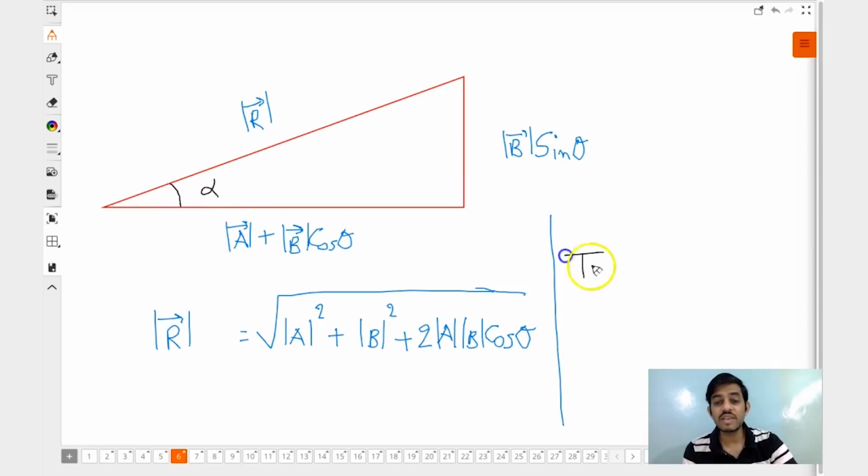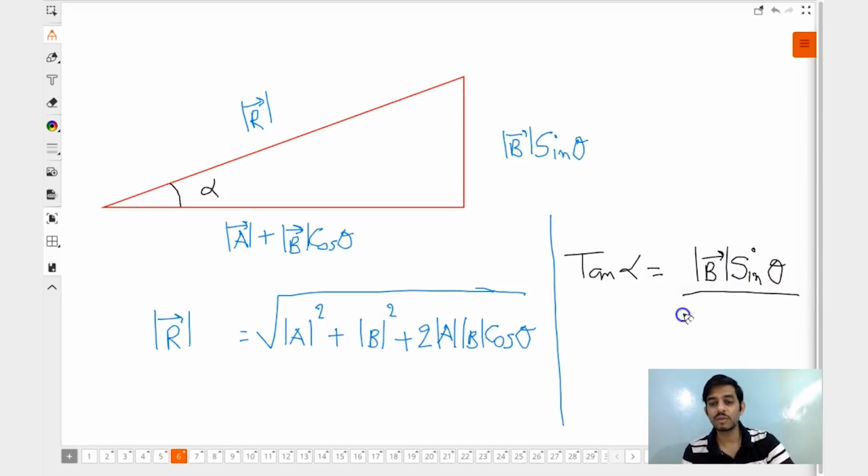It's very easy now. Tan alpha will simply be equals to perpendicular upon the entire base, means mod B sin theta upon mod A plus mod B cos theta. चमक रहा है guys?